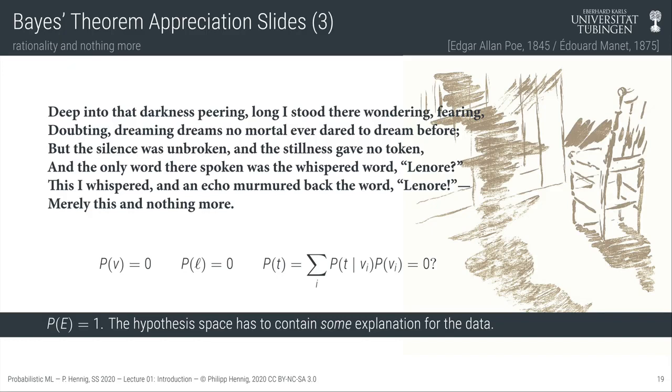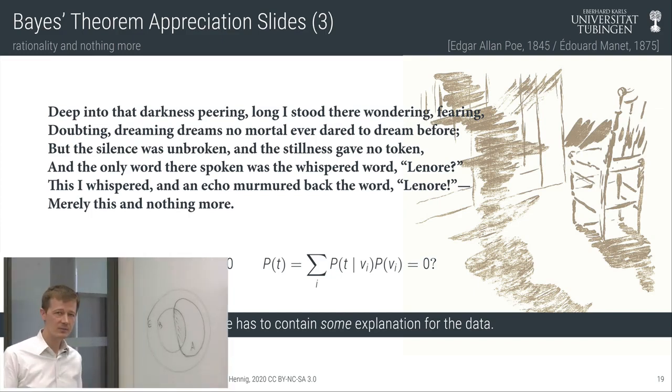And probability theory requires that the probability assigned to the entire hypothesis space is 1, but we've just decided that all possible hypotheses are 0, so we can't sum up numbers that are all 0 and get back 1, and we also can't compute a conditional distribution given the tapping if there is no explanation in the hypothesis space for the tapping. So the problem here is not probability theory, the problem is how we set up our sigma algebra, or actually even our atomic space of events.